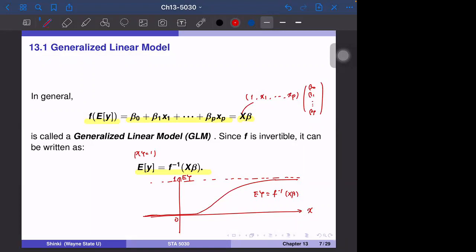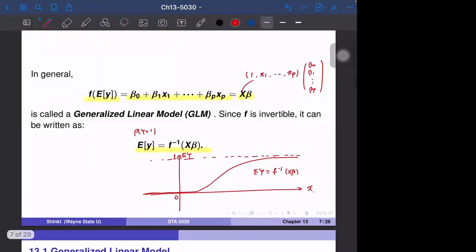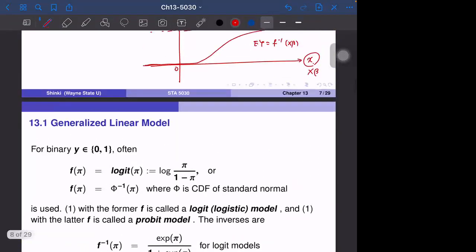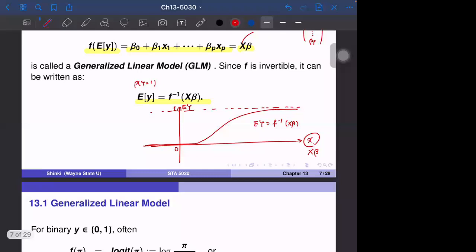Actually, this is a combination of the intercept and the term over x, but this is the image of f inverse. Yeah, so to be exact, this should be x beta.